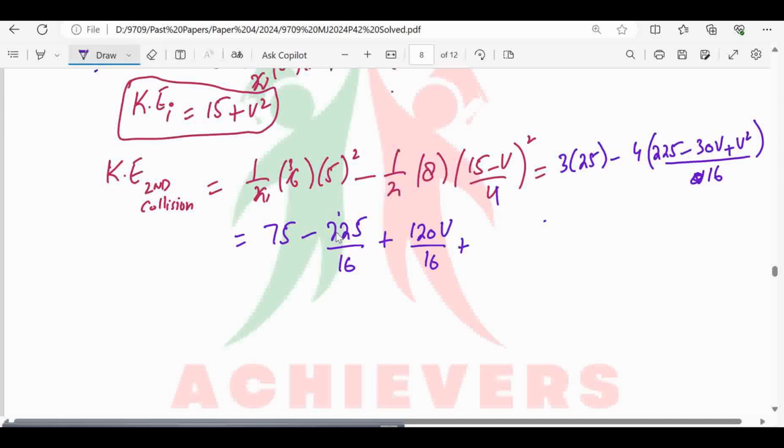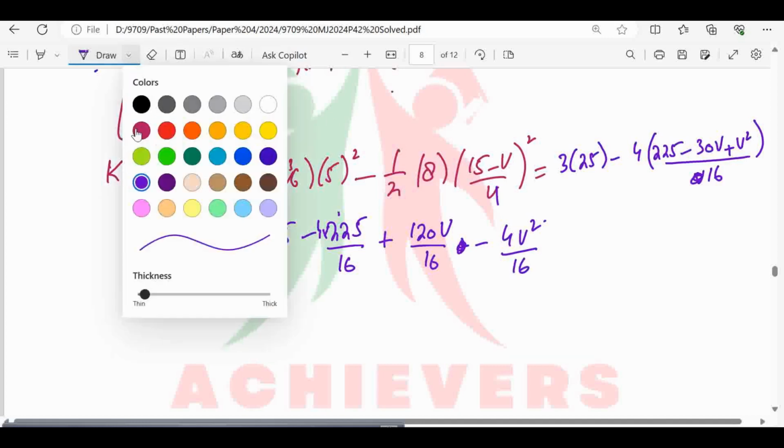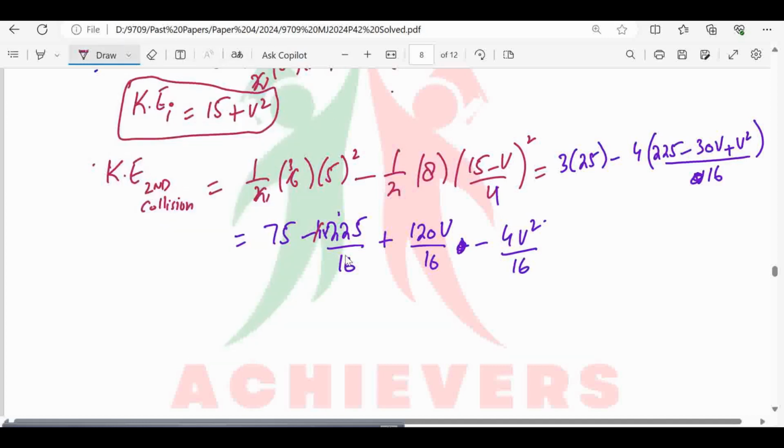Let me write 4 here also: 4 into 225 by 16, 4 into 30 by 16, plus, now here this will be minus 4v squared by 16.